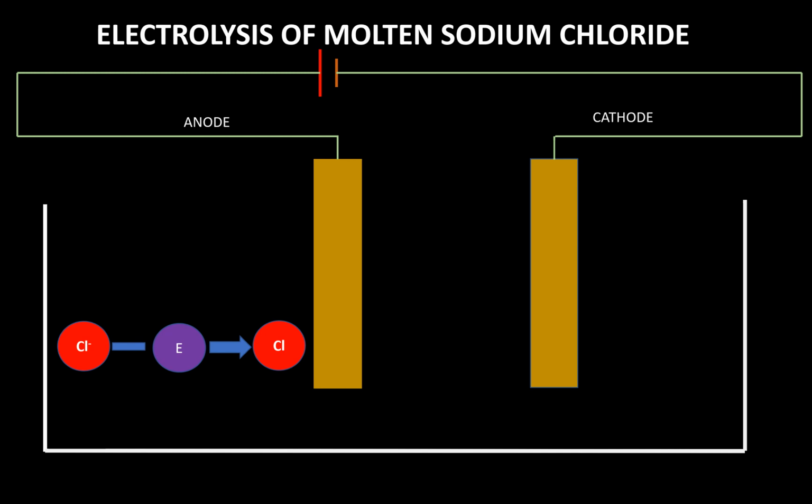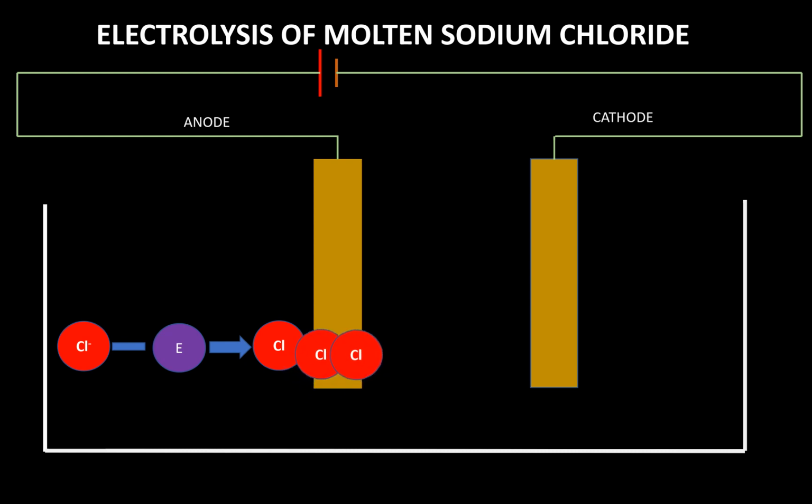Now what is the formula for the chlorine gas? It's Cl2. That means chlorine gas is diatomic, so obviously the gas must be having two chlorine atoms bonded covalently. So the greenish yellow gas that comes out is actually the Cl2 gas.